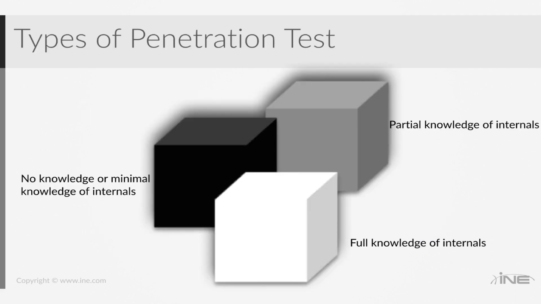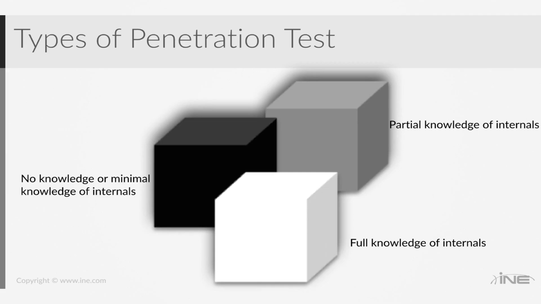And now let's talk about the types of penetration tests that exist. They are defined as color boxes, right? There is black box, gray box, and white box, right? So a white box testing is the one where you have full knowledge of all the internals of the company, right?